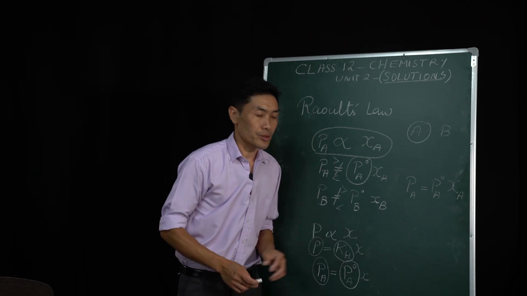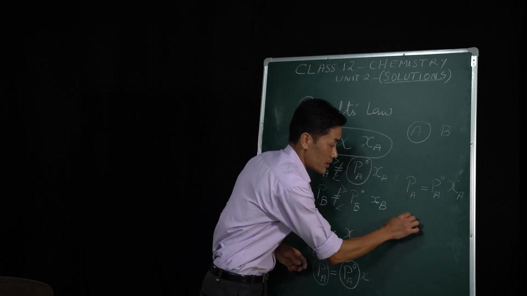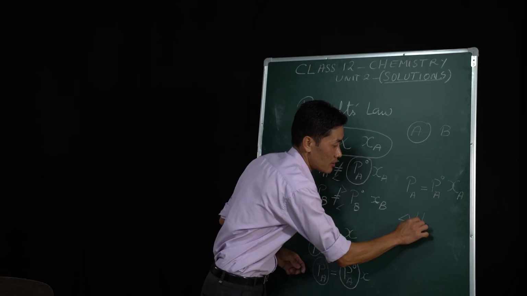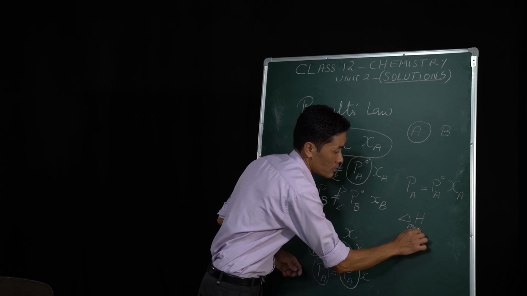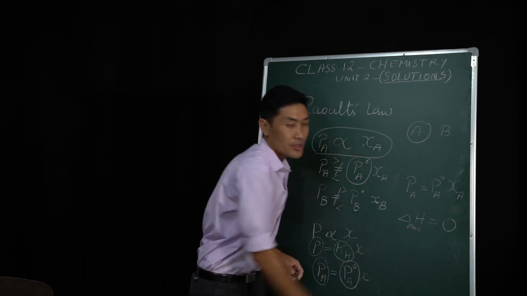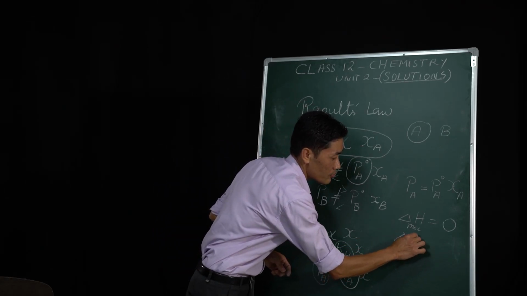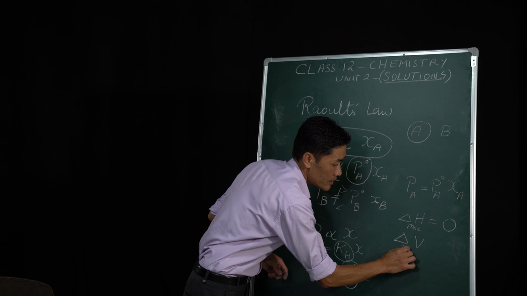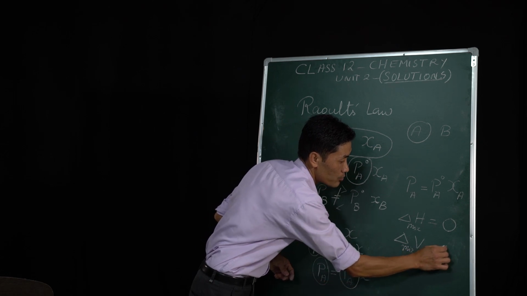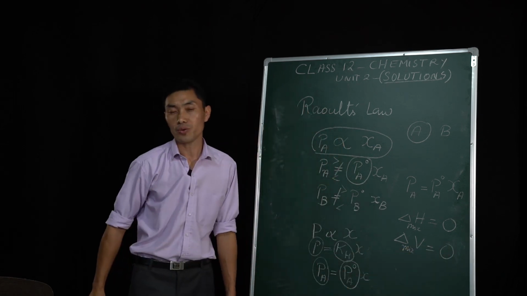For ideal solutions, the enthalpy of mixing, delta H of mixing, is found to be equal to 0, and the volume change, delta V of mixing, is also found to be equal to 0.